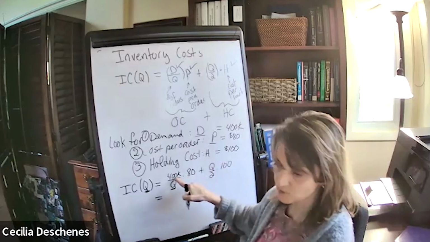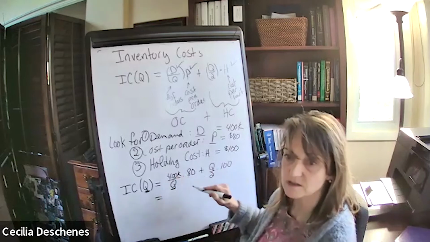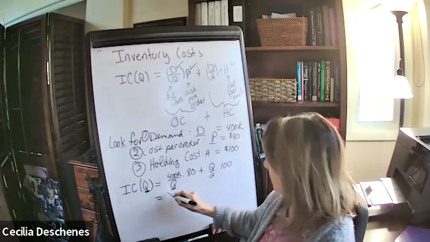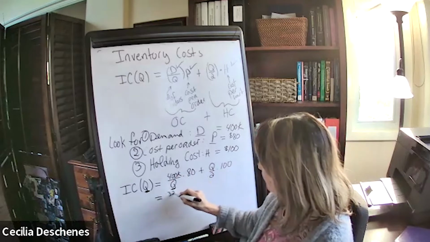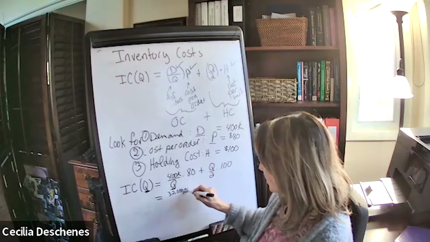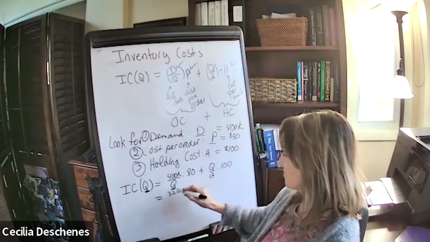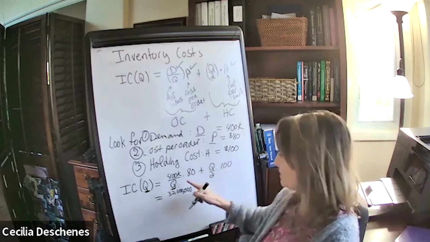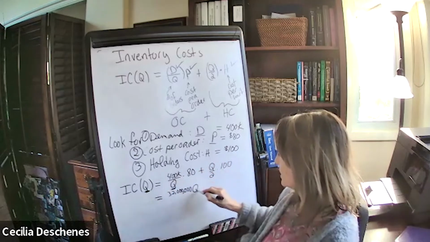So we're going to do 80 times 400,000, which is 32 million. And I'm going to do 2 steps in one. I'm just going to pull this Q up as a -1.